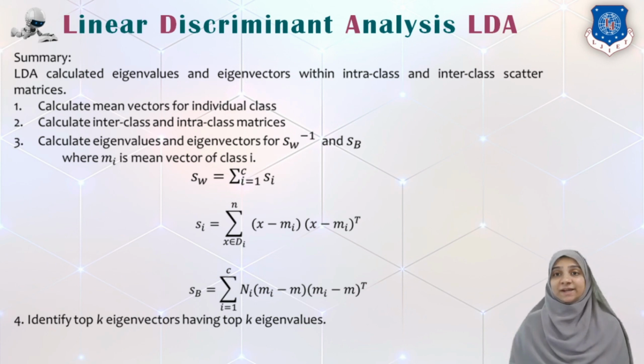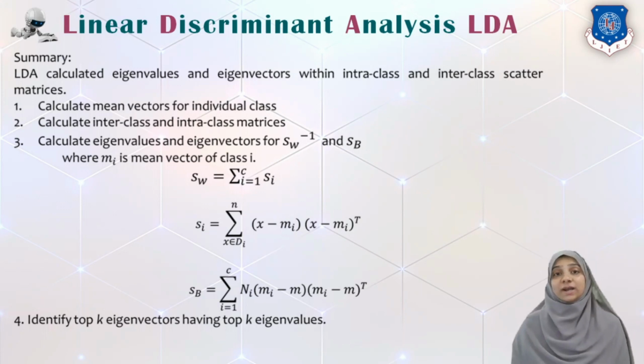So let us summarize the steps of LDA. LDA calculates eigenvalues and eigenvectors, which use the interclass and intraclass scatter matrices. The first step in LDA is to calculate the mean vectors of each individual class. The second step is to calculate the interclass and intraclass matrices.